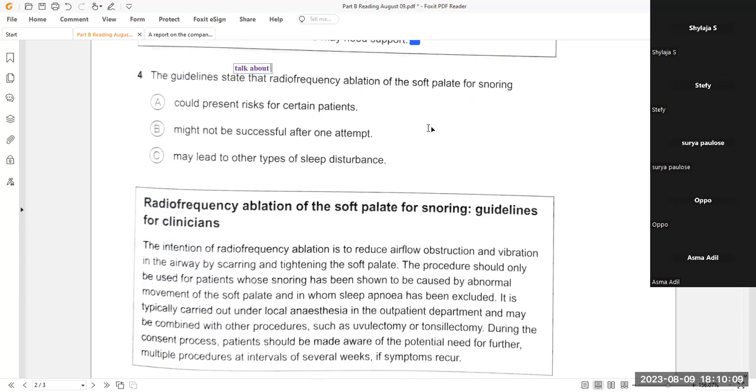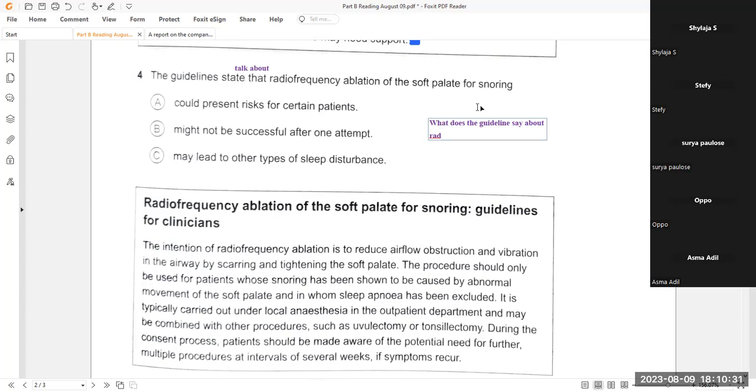So what do we need to find out here? What does the guideline say about radiofrequency ablation of the soft palate? Correct. They said guidelines state this.